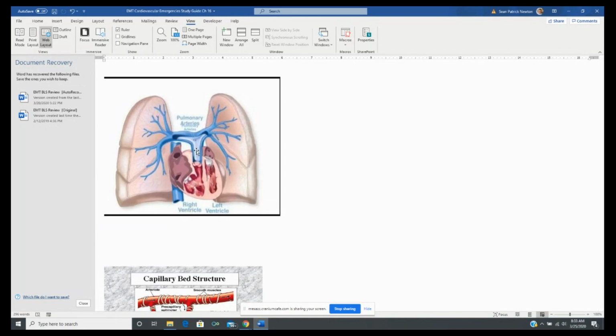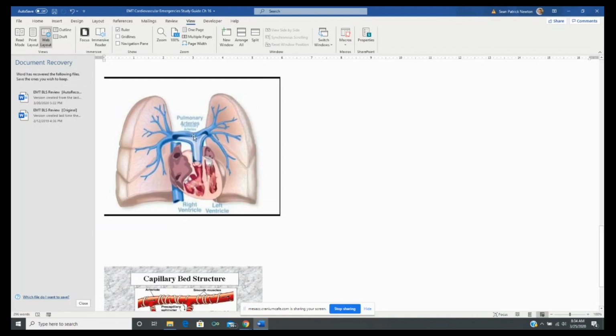All the other arteries are coming off of the left ventricle and the aorta with blood that's already exchanged its carbon dioxide for the oxygen. So it's oxygenated blood, red blood. This is the only artery in the body that has the blue blood, or the deoxygenated blood.